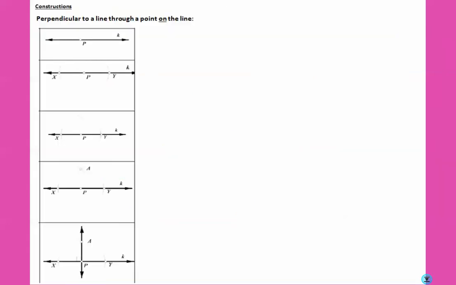And if this angle is 30 degrees, then this angle is also 30 degrees. Now let's move on to our next construction. This construction is going to remind you a lot of a construction we've already done. So we are going to construct a line that is perpendicular to a point that is on the line. So first, you'll be given a line and a point.